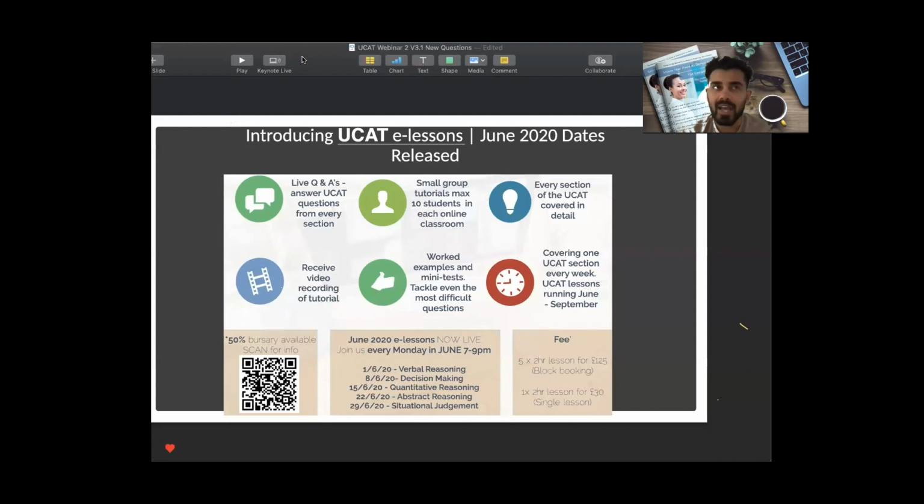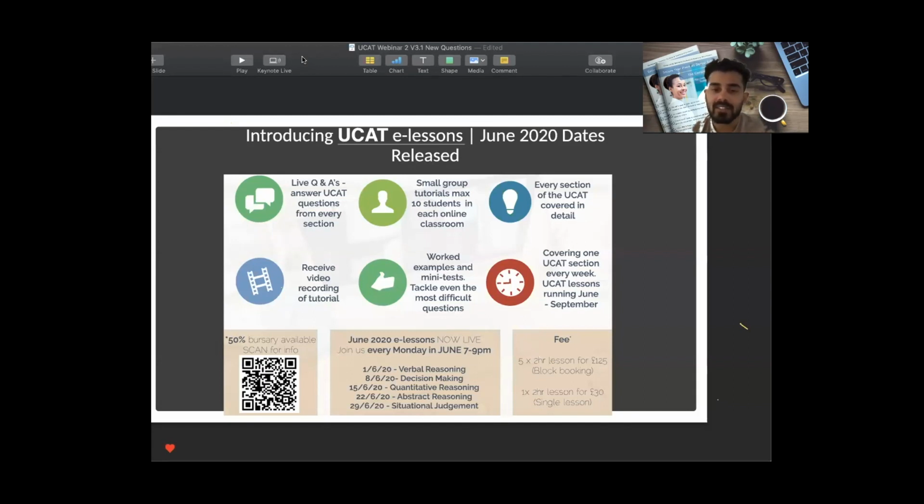So it's really a fantastic way to pick up on the different types of questions and to help you master each type, so that even if you are faced with a difficult question in the assessment, you will utilize the strategies and methods that our tutors teach you. That way you'll increase your speed, your confidence will be increased, and ultimately your score will also be increased because you would have had that additional support.